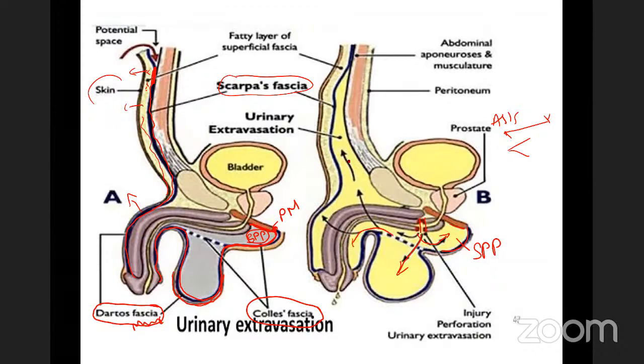It will pass into the space between the Scarpa's fascia and the muscle underneath, which is the external oblique muscle. So in this way, the extravasated urine will pass. In extreme cases, this urine can accumulate up to the axilla. So that is about the extravasation of urine.